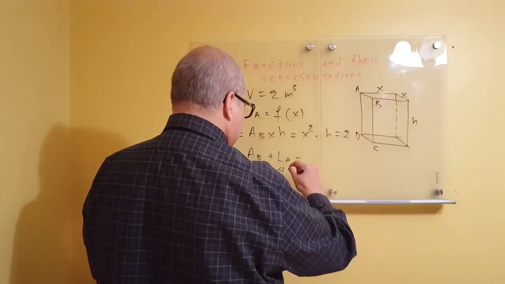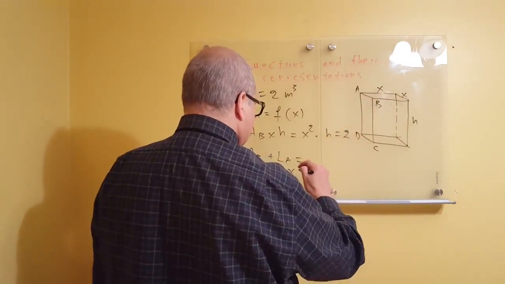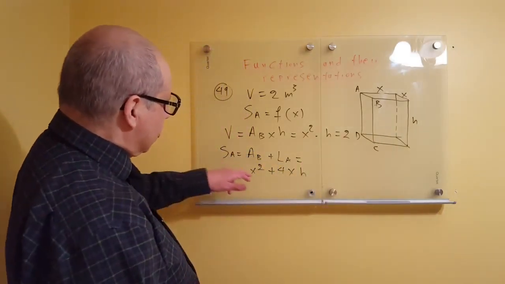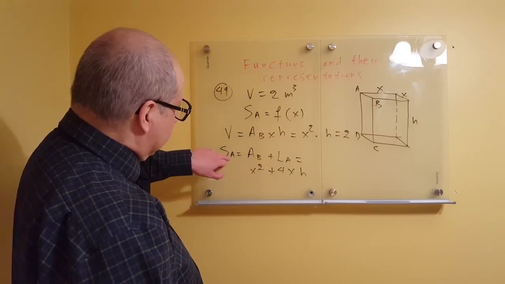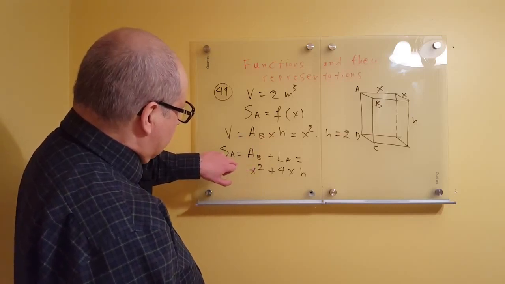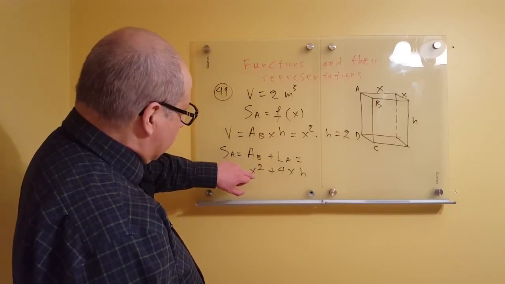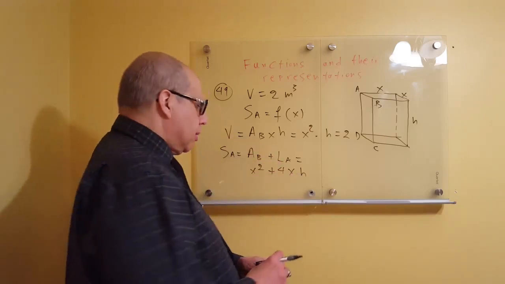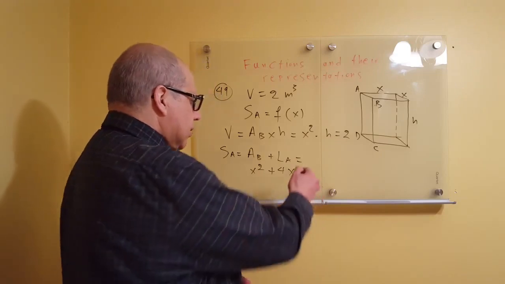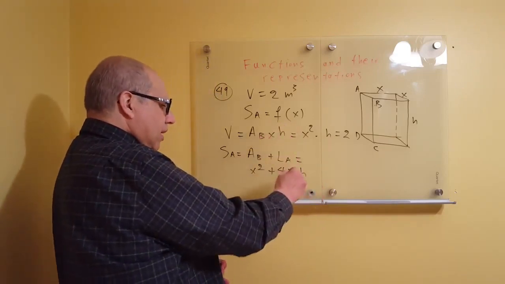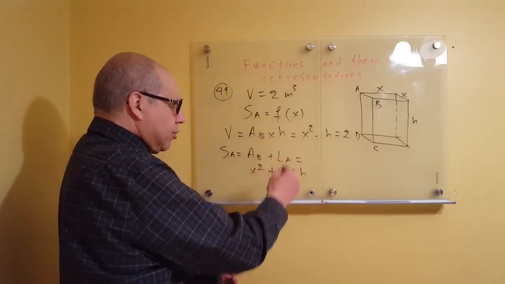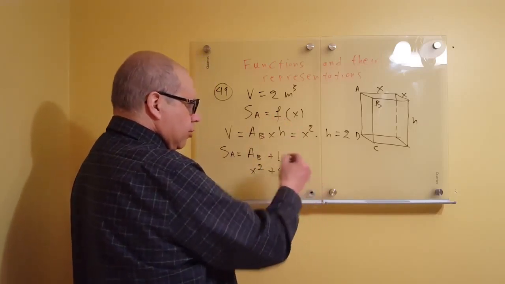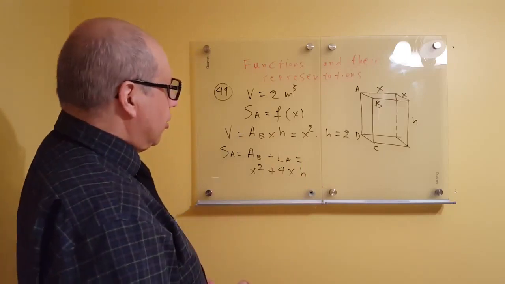x, the side is x, and the height is h. So you see that everything is good, because here this is x squared, this is x, but the only thing which bothers us a bit is the h, because we don't want anything else except x, because we want to find it as a function of x. So that means that you have somehow to take this out. And how do we do this?